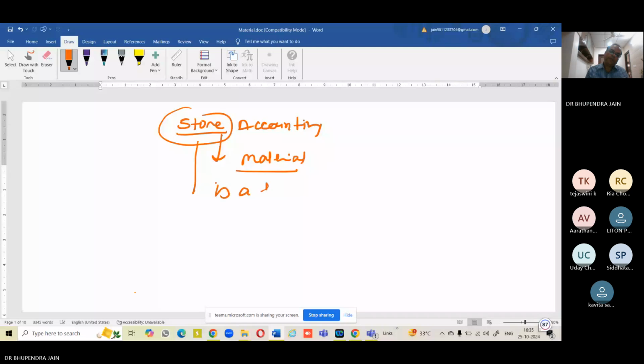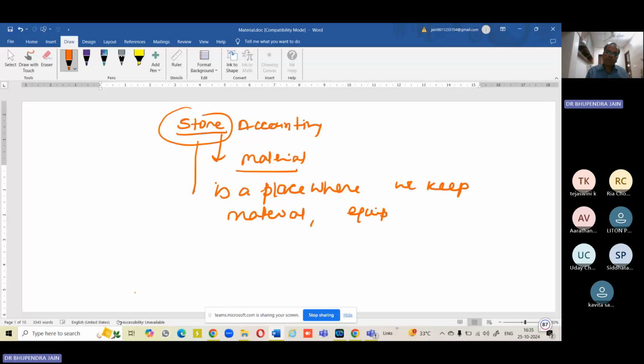A store is a place where we keep materials, equipment, loose tools, maintenance parts, etc. So this is called the store.